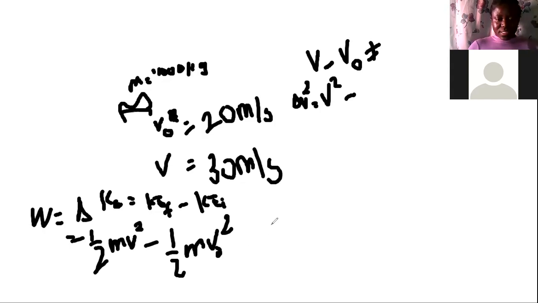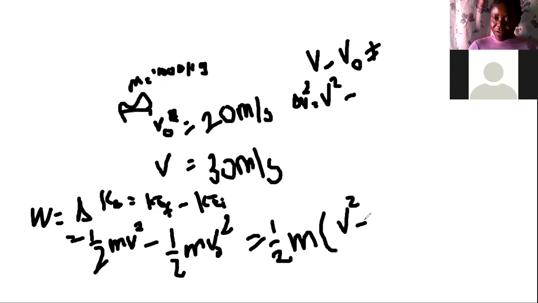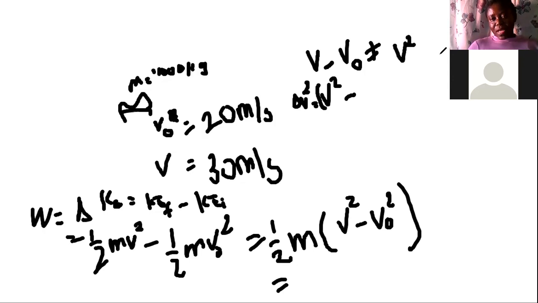So I can do this and say this is the same as a half, factor out my mass, the final speed squared minus the initial speed squared. So this one can work, but this one cannot. So don't subtract the velocities first and then square them. This one is not equal to that minus that one squared, so it won't give you that.